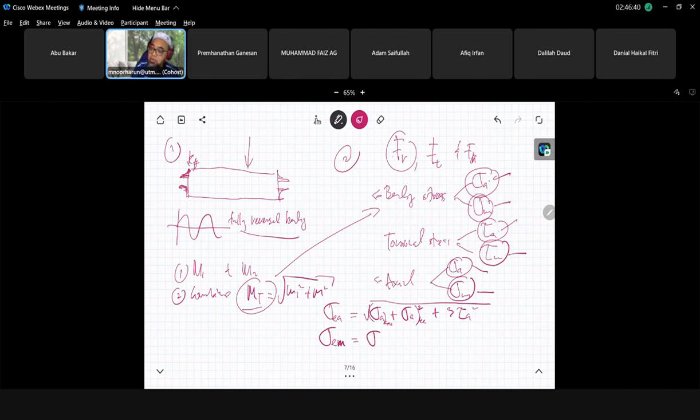So kita gunakan formula: sigma mean axial plus sigma mean bending, divided by 2, plus the square root of tau mean squared plus sigma mean axial plus sigma mean bending divided by 2, squared.